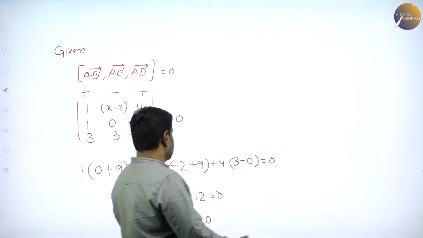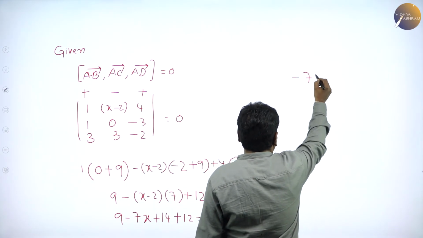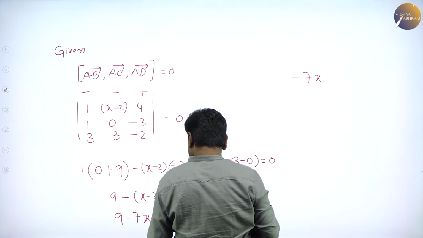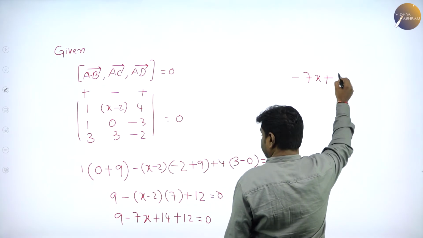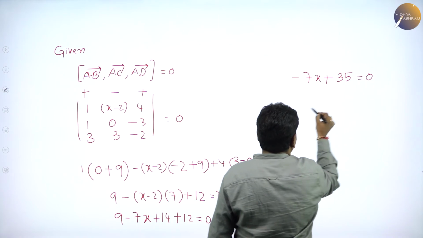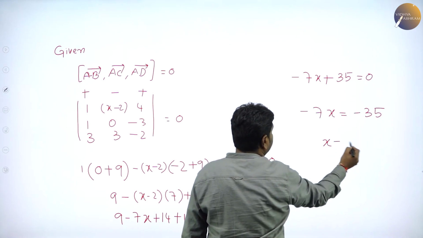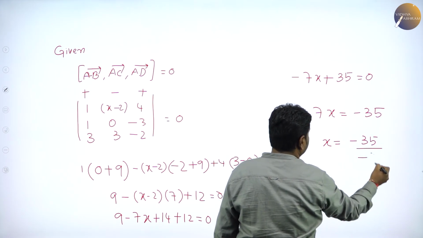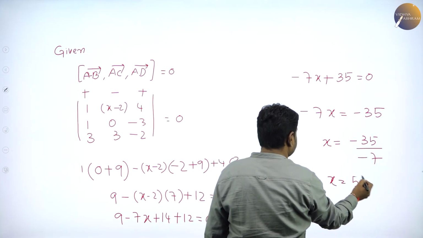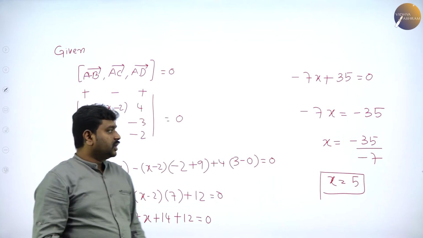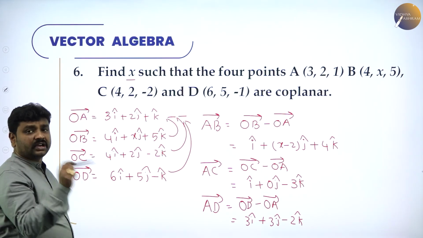That is, simplify, minus 7x, 14 plus 12, 26, 26 plus 9, 35 is equal to 0, or minus 7x is equal to minus 35, or x is equal to minus 35 by minus 7. Minus minus cancels, x is 5. You got the value of x. What is the value of x? 5.